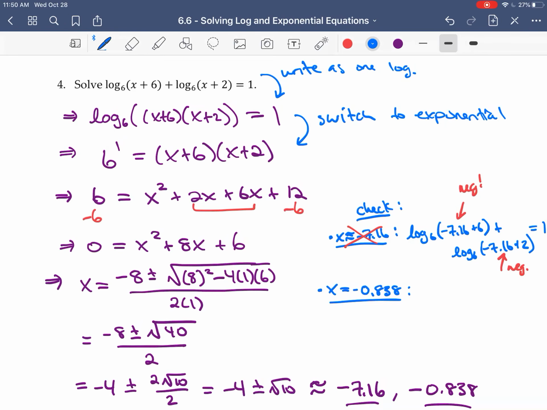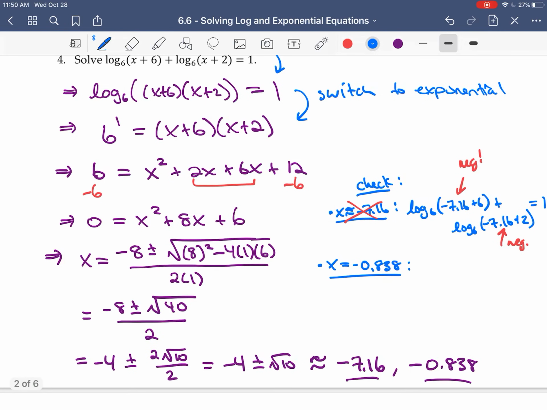But when we plug it in, when I add 6 or 2 to it, I get a positive number. So this is log base 6 of negative 0.838 plus 6, plus log base 6 of negative 0.838 plus 2, equals 1.